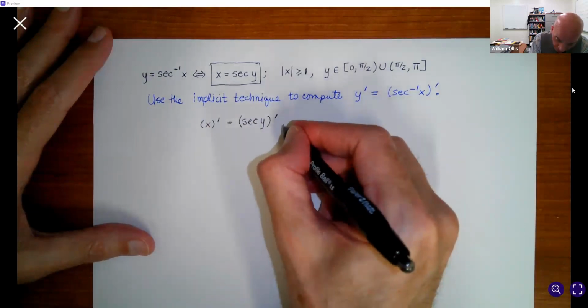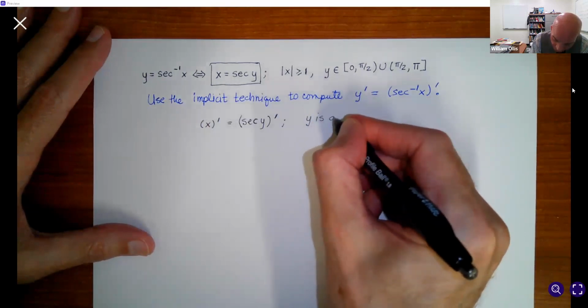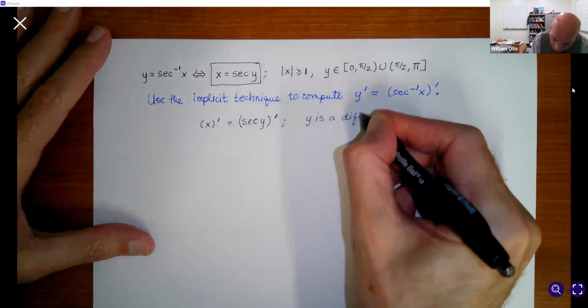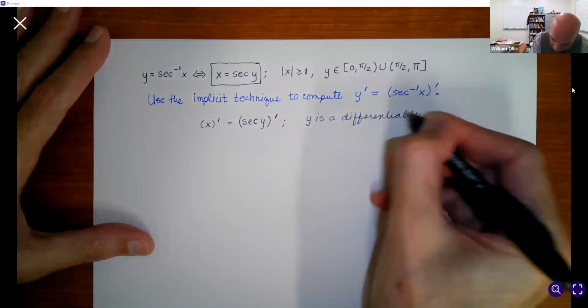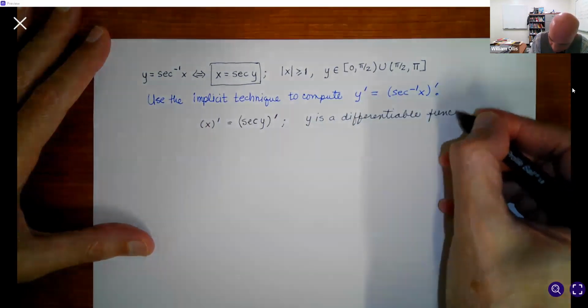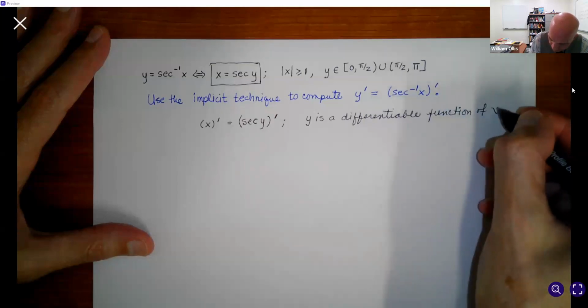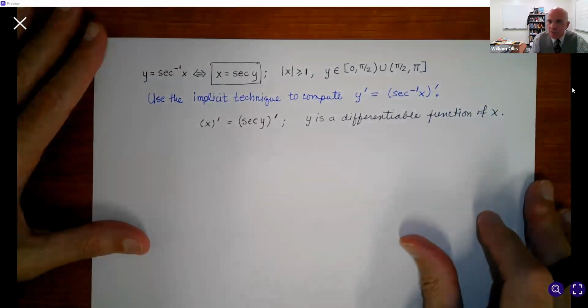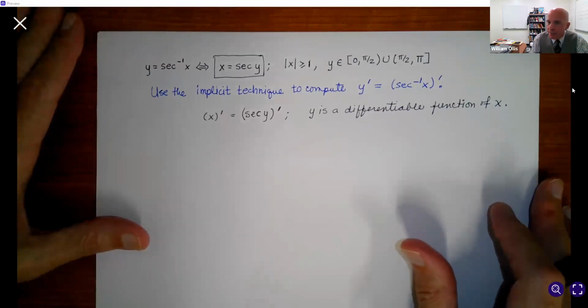And of course, I'll note y is a differentiable function of x. So that is the assumption that you always have to make when you're differentiating implicitly.